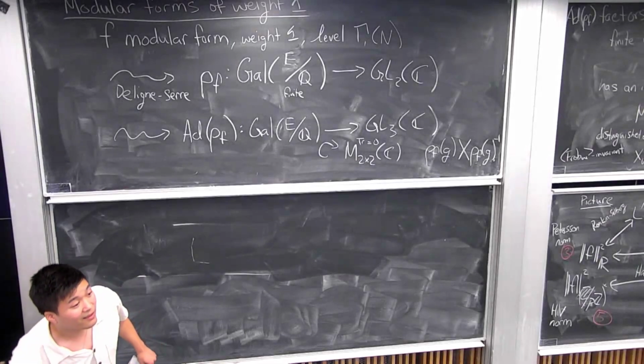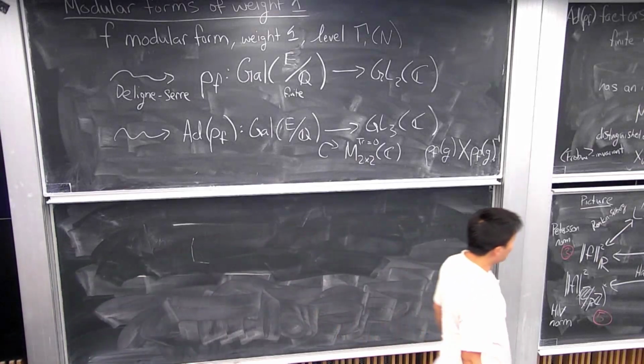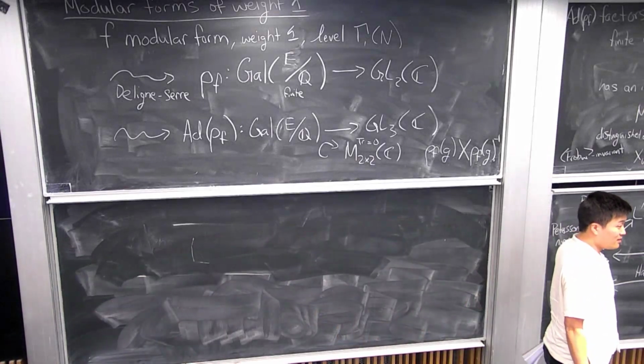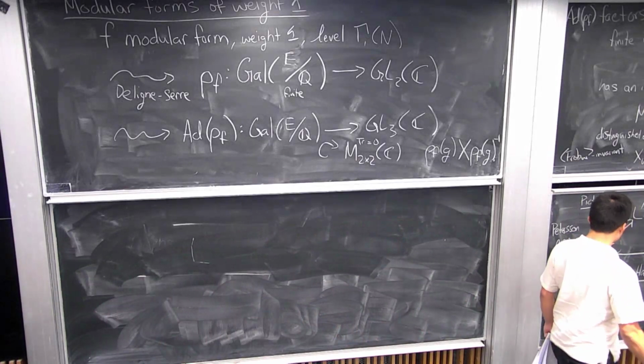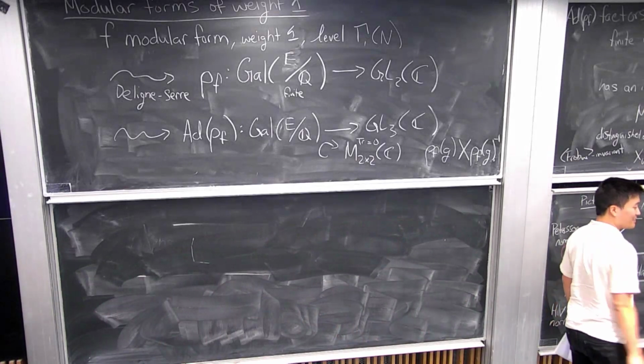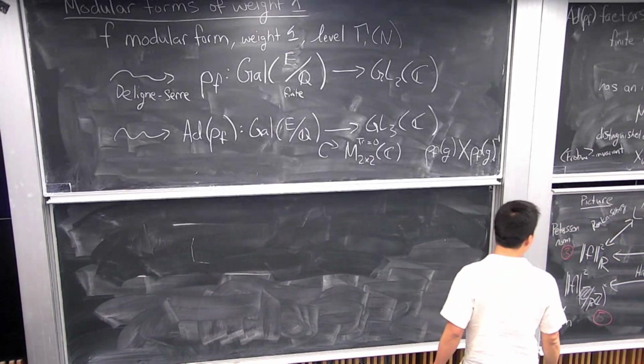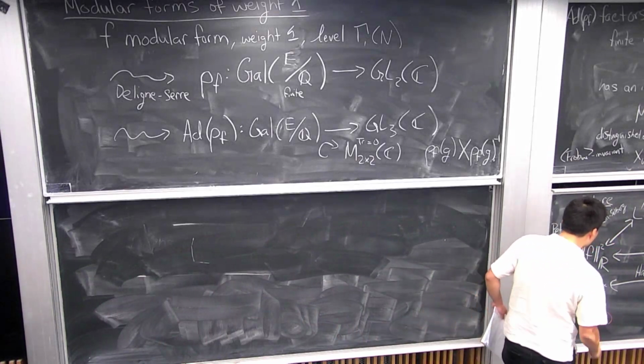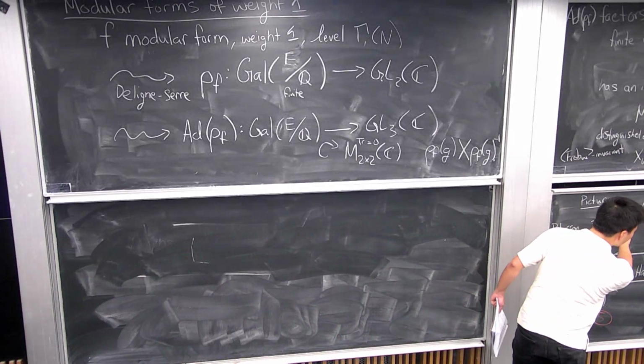In the triangle you drew, is the bottom edge just because you have the other two edges, or did you mean something? Oh, I just took the composition of these. Okay, all right. So I guess it's also important, this is the only thing that's not a conjecture. The other three are conjectures.